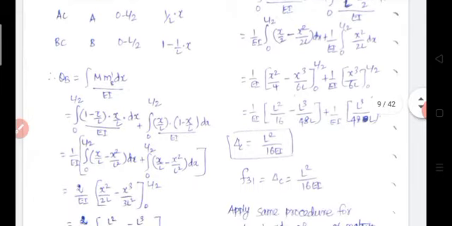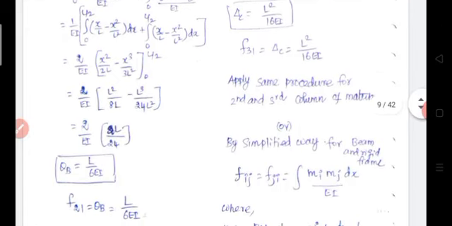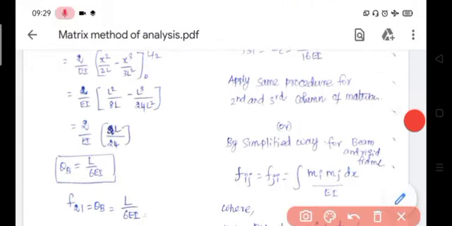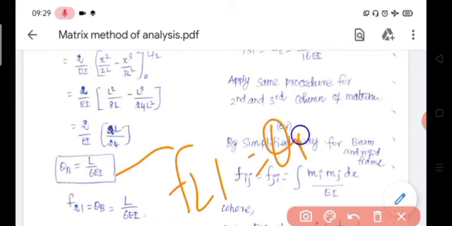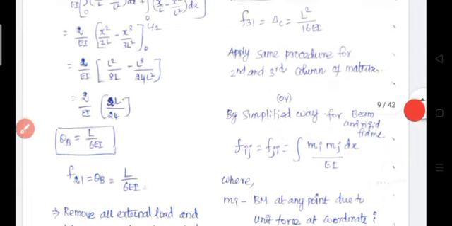So substitute capital M, the bending moment due to external loading, then small m dash into dx divided by EI. After integrating this term, finally it gives theta B is equal to L by 6 EI. Therefore F21 is equal to theta B, which is equal to L by 6 EI. The direction of theta B and coordinate 2 are the same, so that's why it is taken as positive.